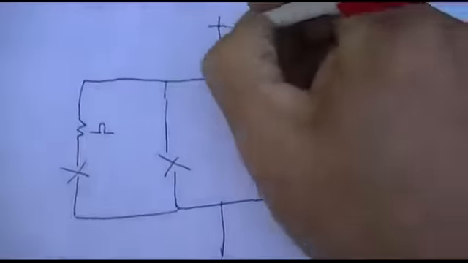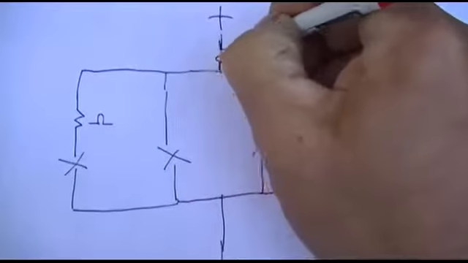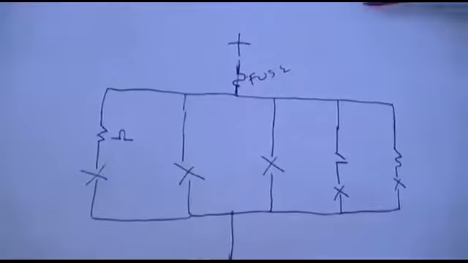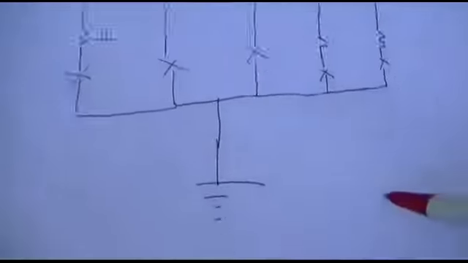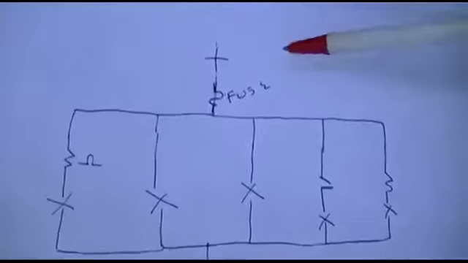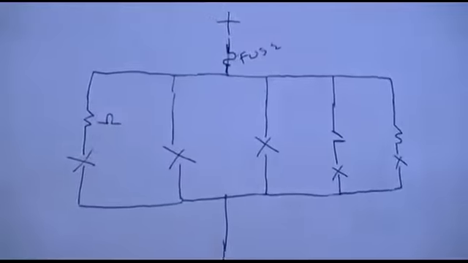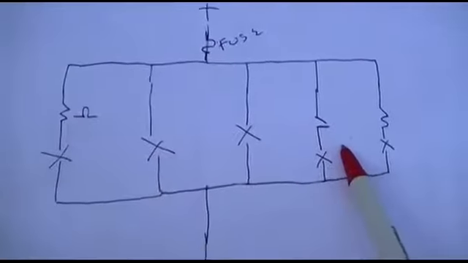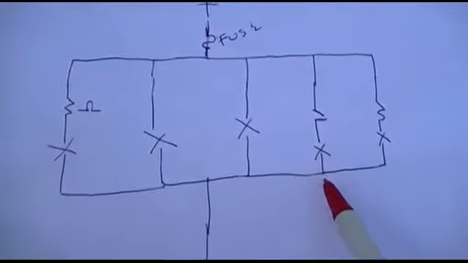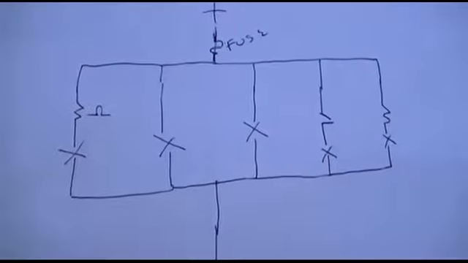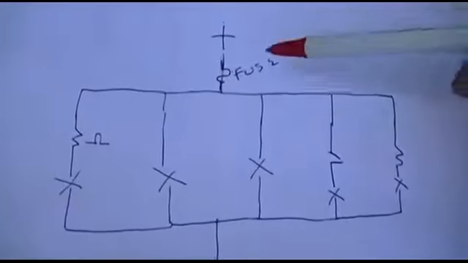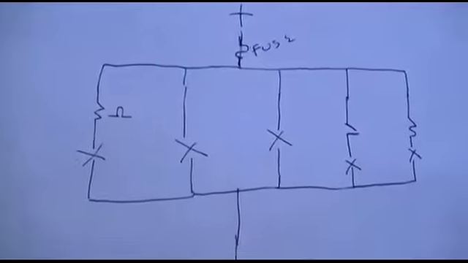So this here is our fuse right here, and this is our positive, and this is our negative. This could be line, this could be neutral, and you have your loads here. Now let's say the problem, the symptom, is it keeps blowing this fuse. Let's say it's a car.